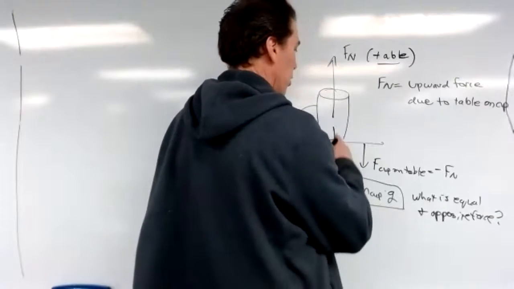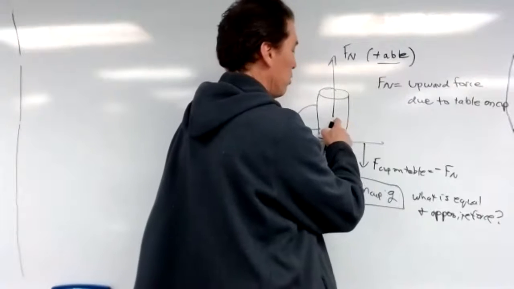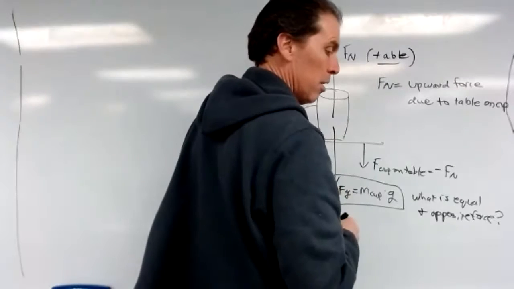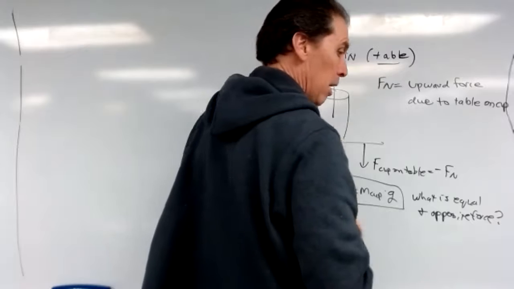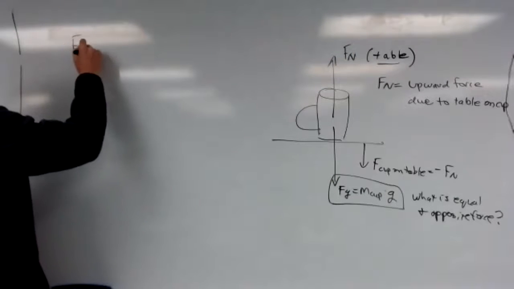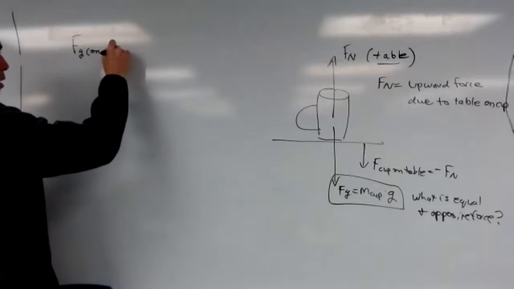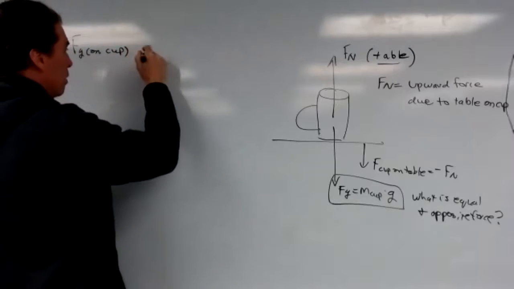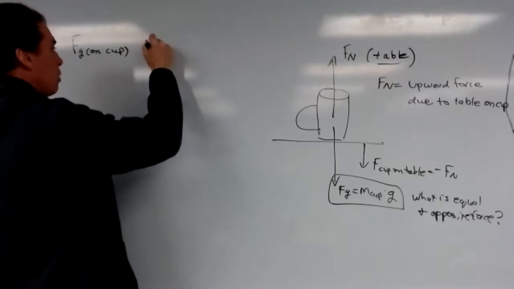Right. There's an object that's exerting this gravity force on the cup. What's the object? The Earth. Yes. And so the force of gravity, and now I kind of have to say on the cup, right, has an equal and opposite force.